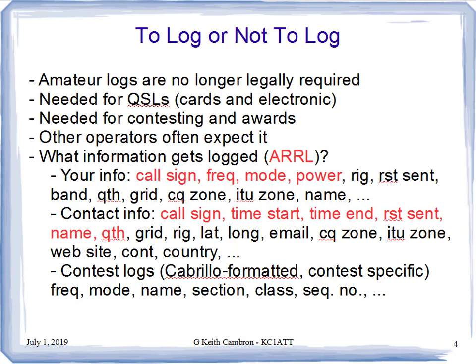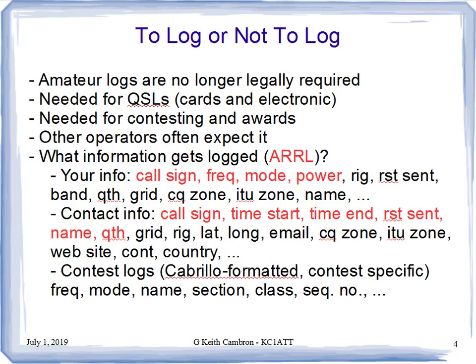So what information needs to go into a log? There's no one answer to that question. The ARRL, the American Radio Relay League, has some recommendations. Outline those in red. So your information in the log would include your call sign, frequency, mode, and power, and a number of other data elements depending on what mode you're using.